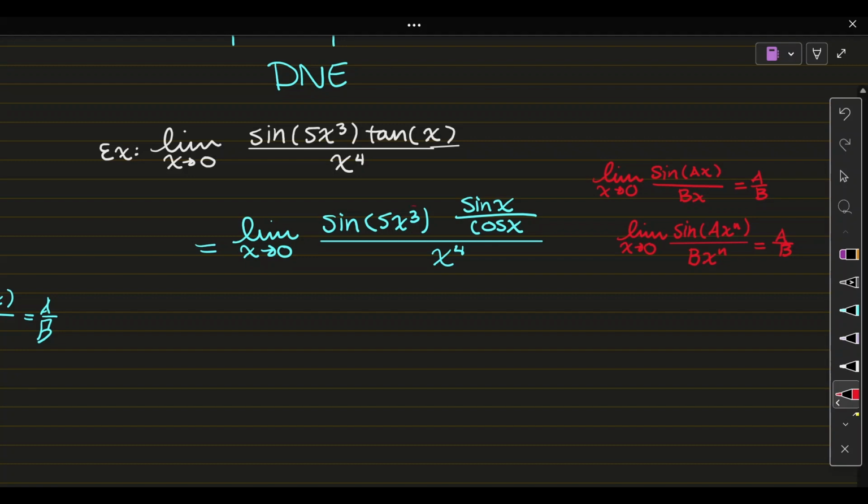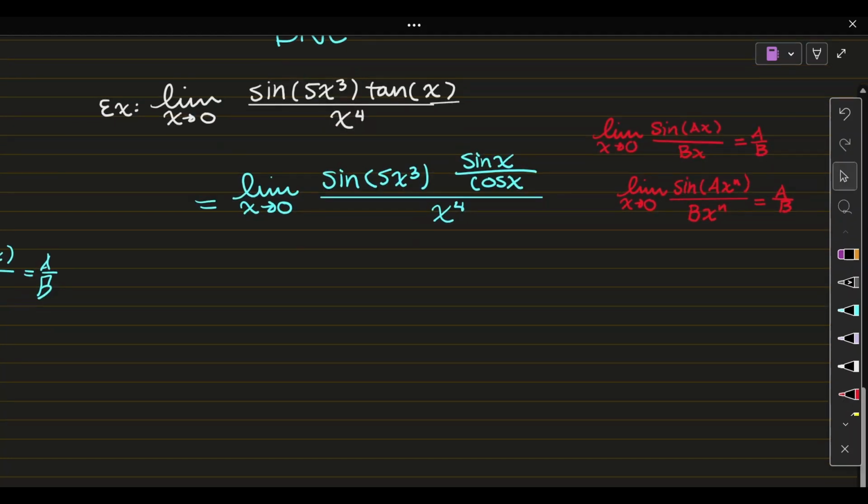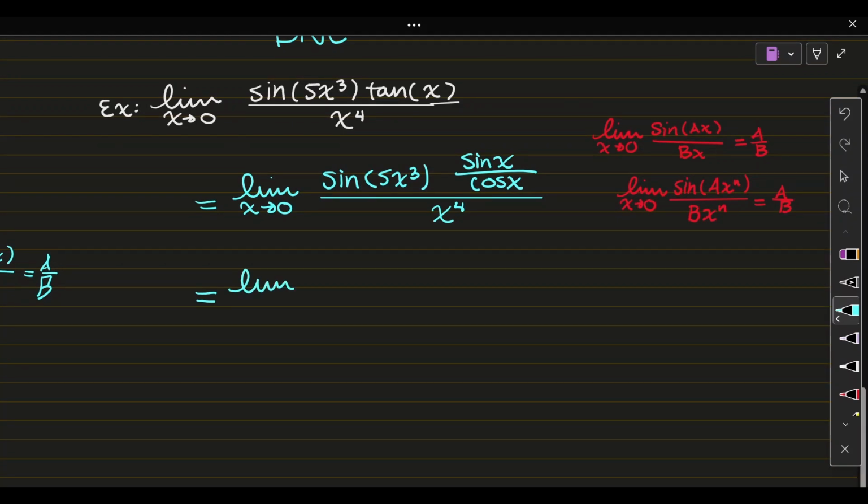Okay, so in order to compute this, I need an x cubed in the denominator to take advantage of my identity there. So I can rewrite this as the limit as x goes to 0 of sine of 5x cubed over x to the 3rd, times this sine x I can pop down here.